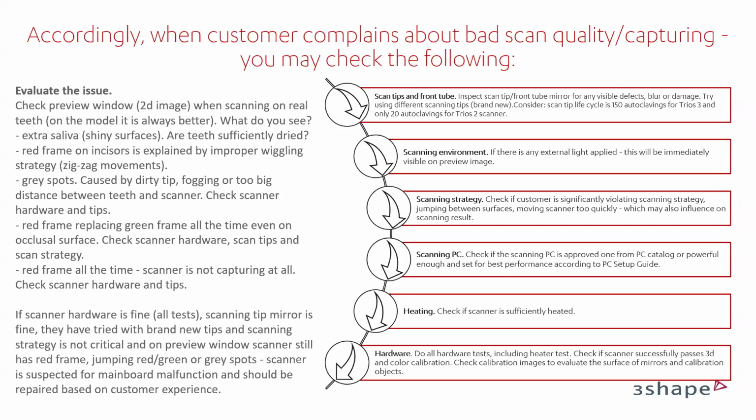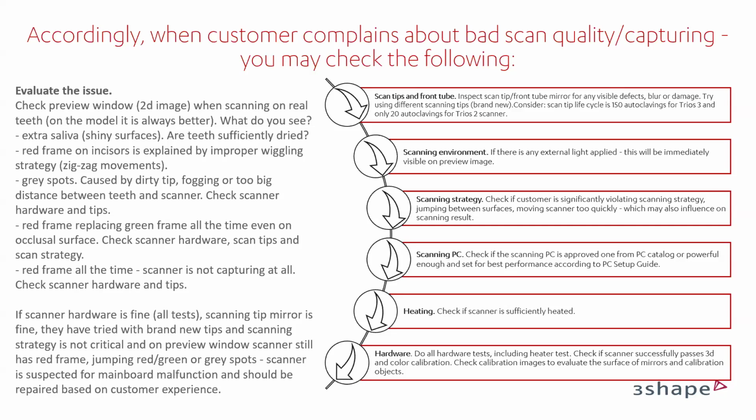Then gray spots and the distance between the teeth, also a red frame replacing the green frame all the time, even on some occlusal surfaces. We need to check the scanner hardware, scan tips, and also the scan strategy. If there is a red frame all the time, the scanner is not capturing at all, so check the scanner hardware and tips.